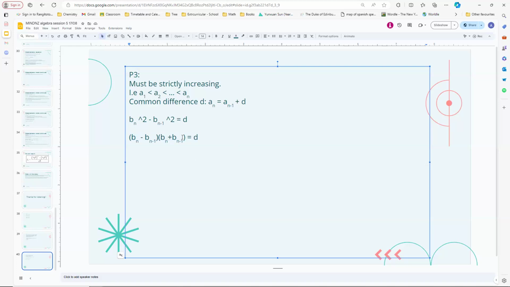However, this must be true for all bi, right? So this is equal to b2 minus b1 times b2 plus b1, which is also equal to the same thing for b3, and then the same thing for bi.